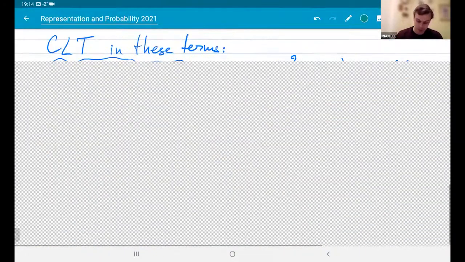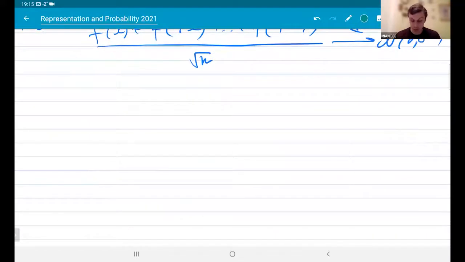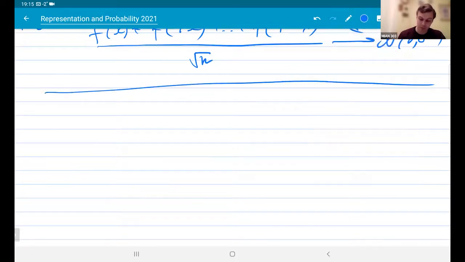Let us proceed to our next example. Our next example is Markov chains. I guess I don't need to explain what it is.